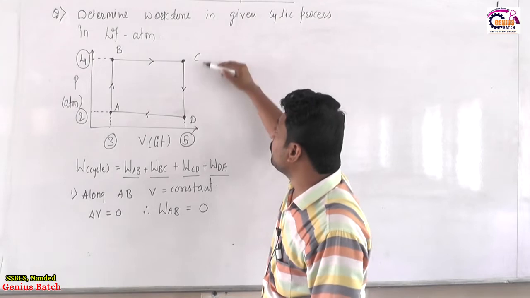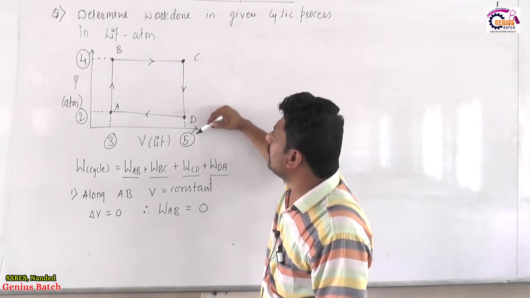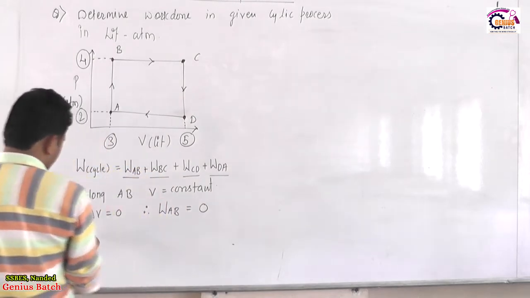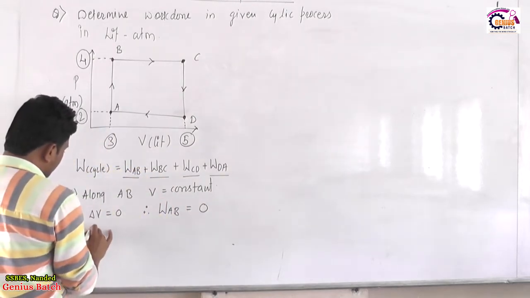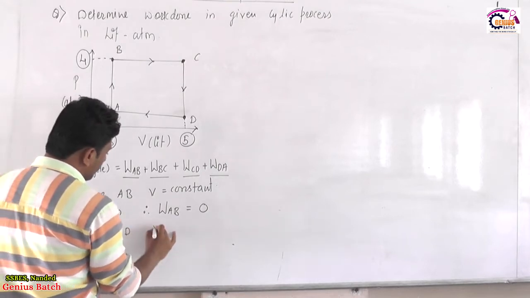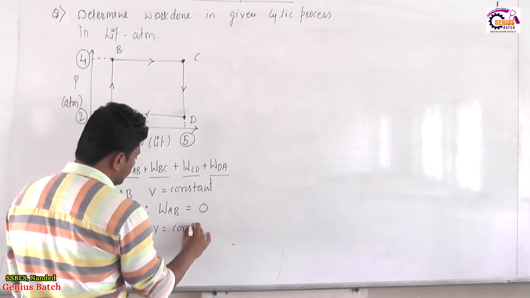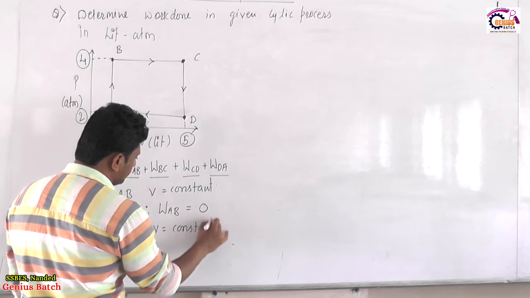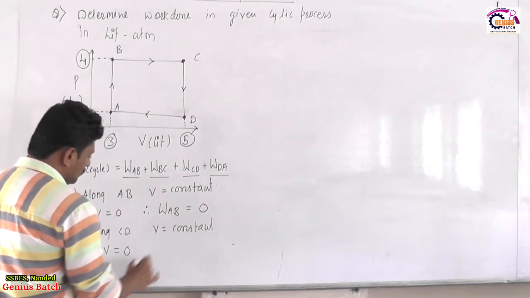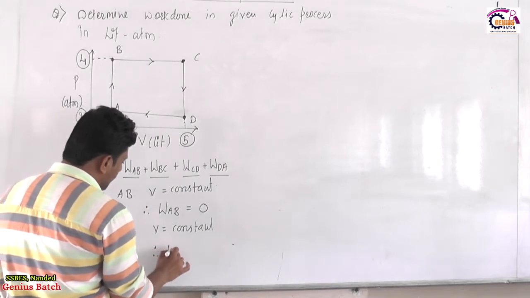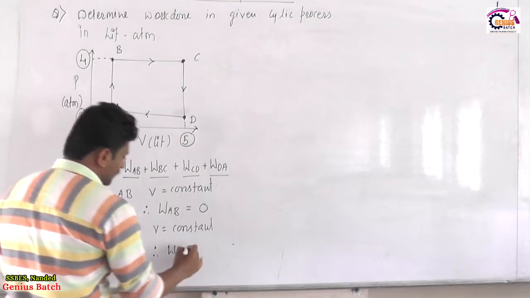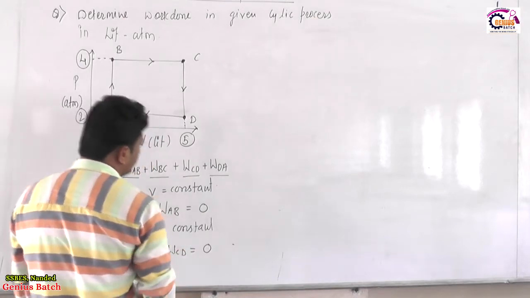Again the volume at point C is 5. Means along CD again volume V is constant. Therefore work done along CD will again be 0. Delta V along this step is 0 and therefore work for the CD step is also 0.